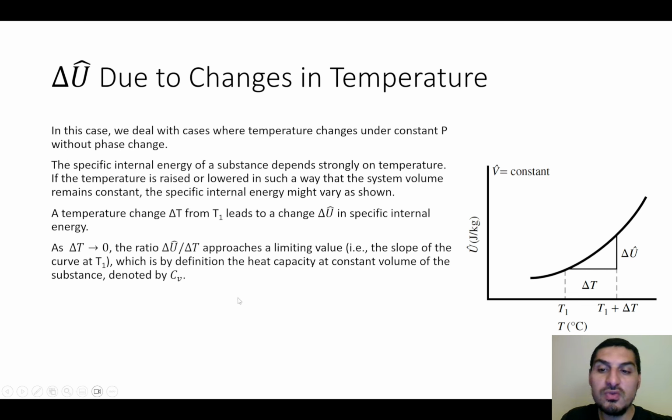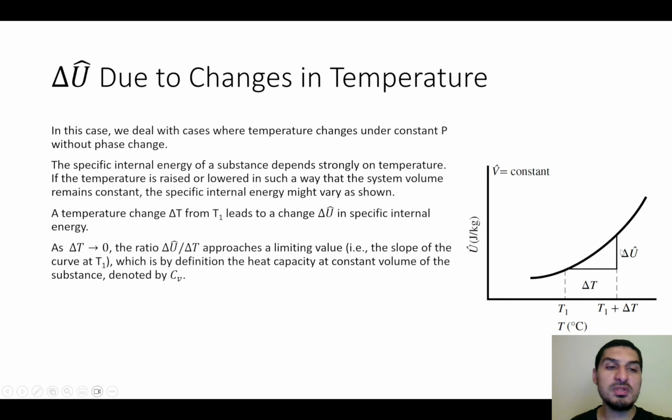So if delta T goes to 0, if this change in temperature is very small, then delta U is going to be small as well, but the ratio of delta U over delta T will reach a limiting value, and there is a slope that we can get from this, which is delta Y over delta X, which is delta U over delta T.